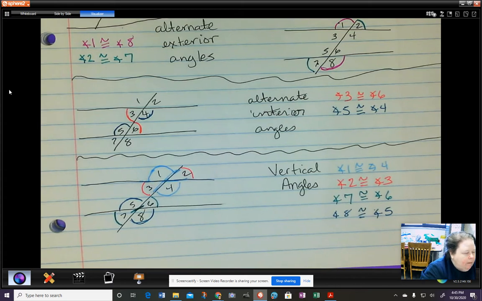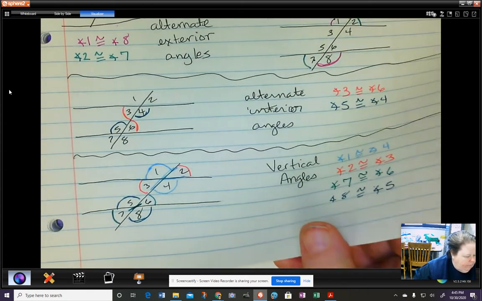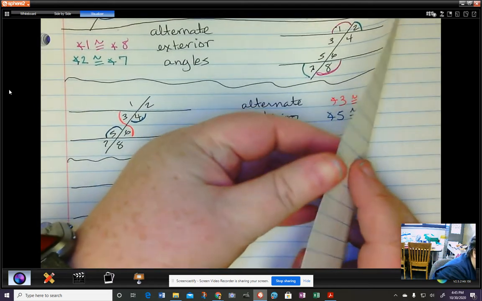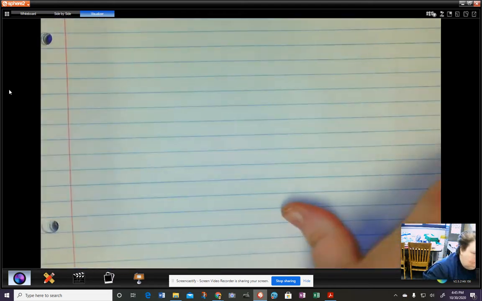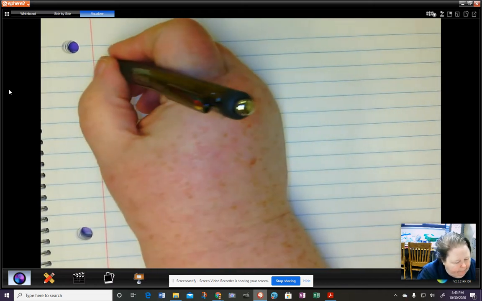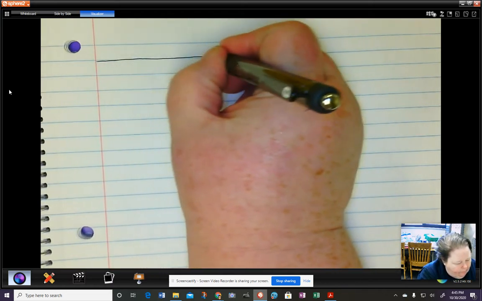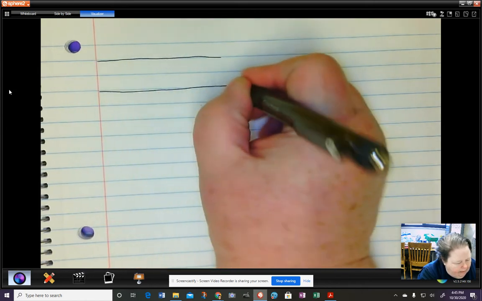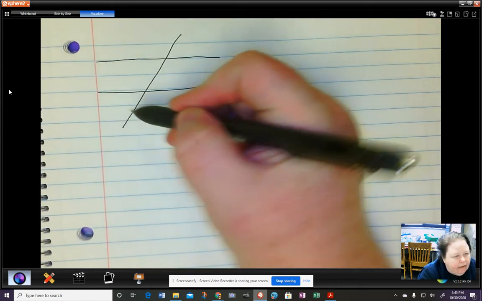Okay. And the last one, save the best for last. Same side interior, same side exterior.